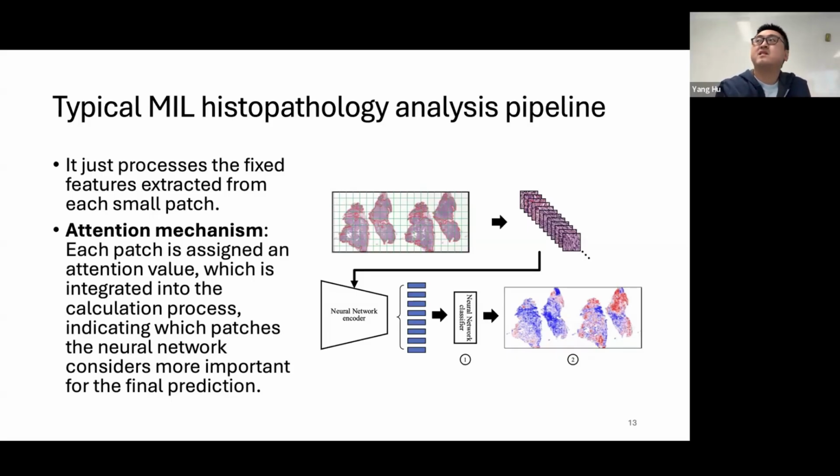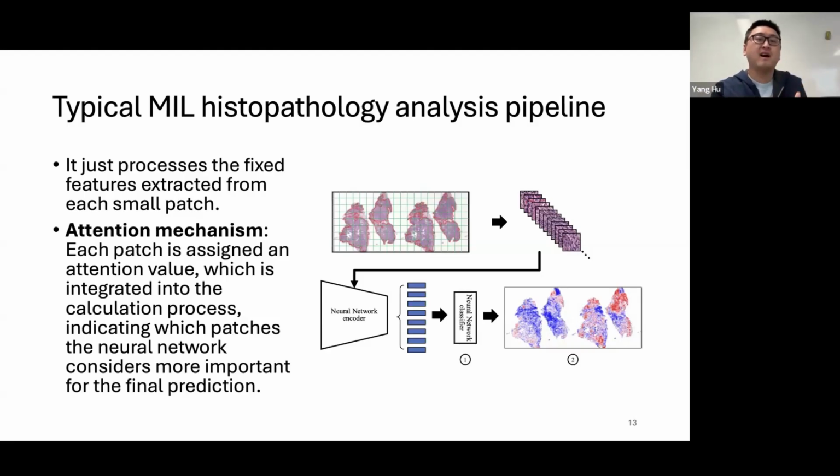So the only trainable module in that pipeline is the attention-based aggregator. Of course, we can assign different attention values to different tissue areas, highlighting which area is more interesting with respect to the final predicted outcome.